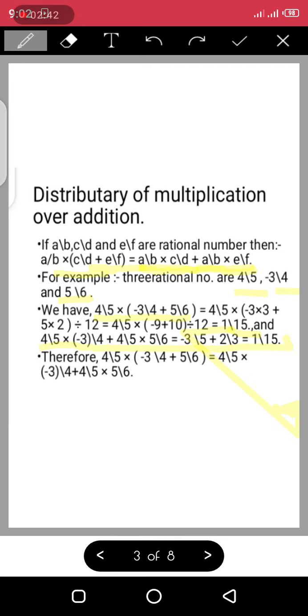Therefore we can see that 4/5 × (-3/4 + 5/6) = 4/5 × -3/4 + 4/5 × 5/6. So this example satisfies the distributivity of multiplication over addition, which gives the equation a/b × (c/d + e/f) = a/b × c/d + a/b × e/f.